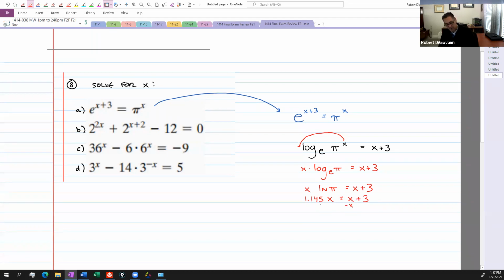Let's subtract x on both sides. We get 0.145x equals 3, and then divide 3 by 0.145. I'm getting that x is approximately, let's just say, 20.7.